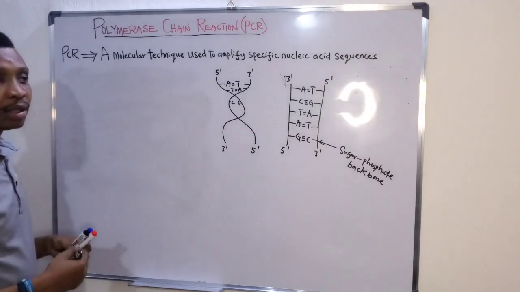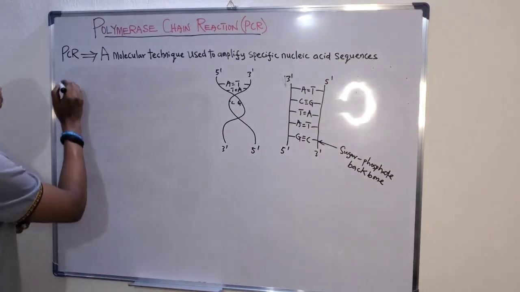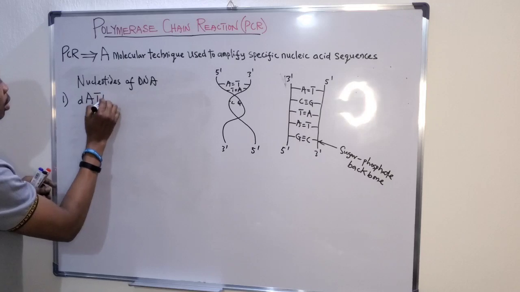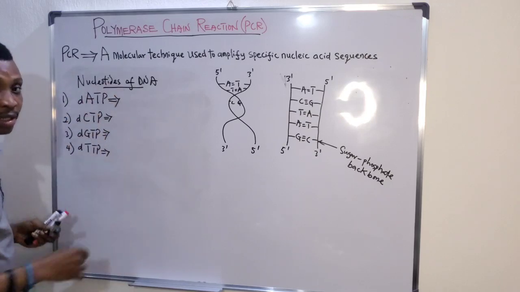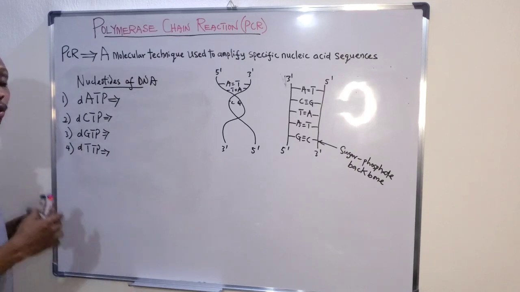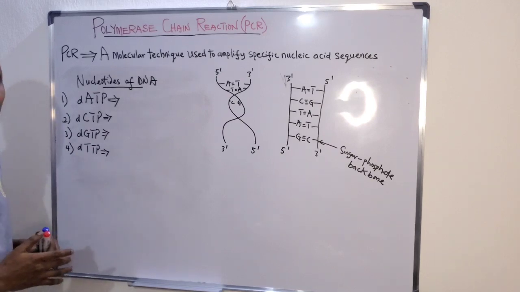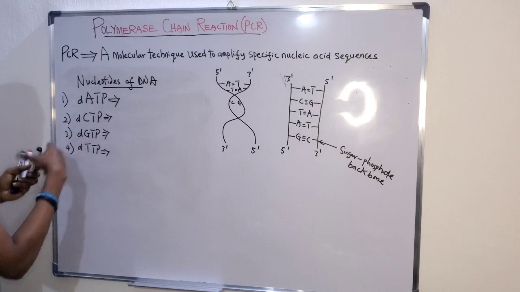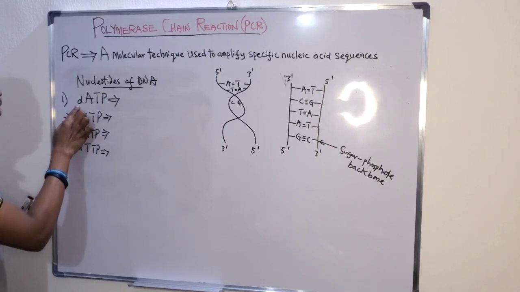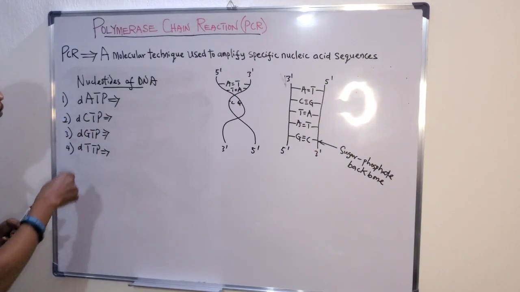The next thing that we should talk about are the nucleotides. These are the nucleotides of DNA. The nucleotide consists of the nitrogenous base, a phosphate group, and a sugar molecule bound together. This small letter d represents deoxy, showing that it's a deoxyribose sugar.